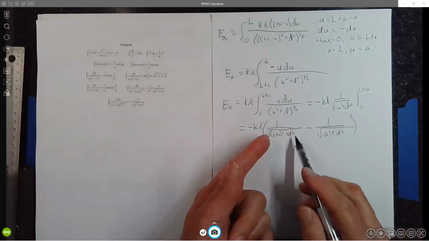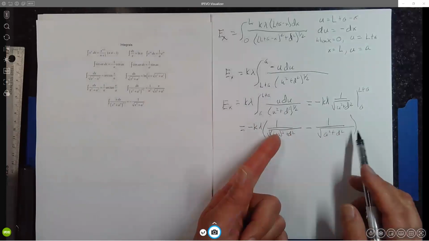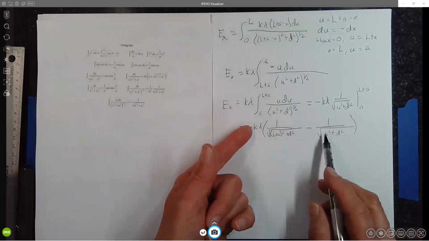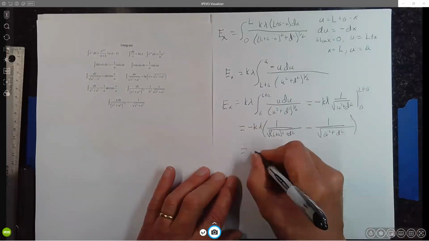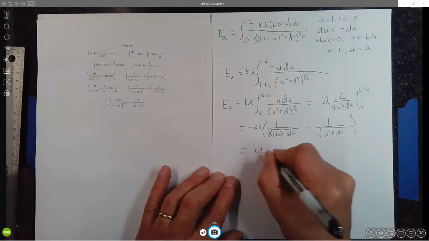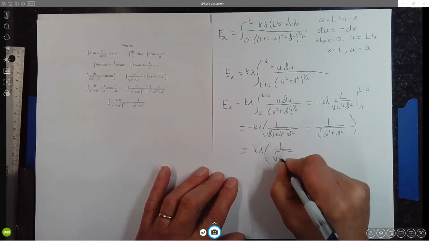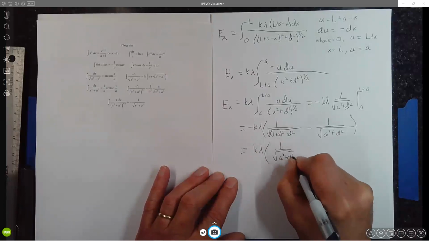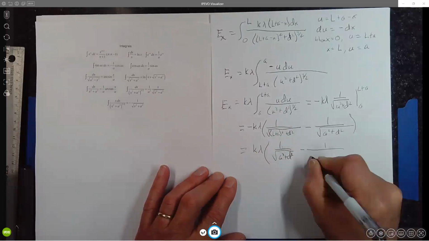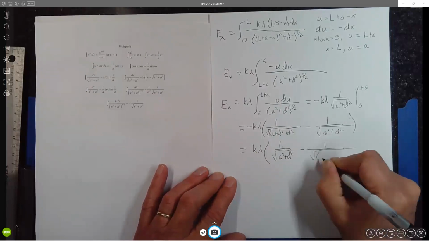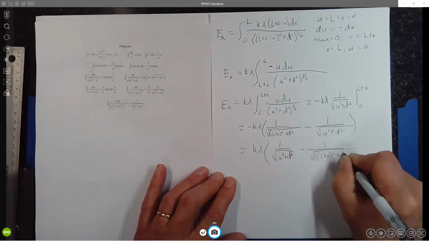Now, it turns out this is going to be smaller than this, and so I'll get a negative value when I do the subtraction. Or, at this point, I could multiply a minus 1 through here, and I would have k lambda times 1 over the square root of a squared plus d squared minus 1 over the square root of L plus a squared plus d squared.